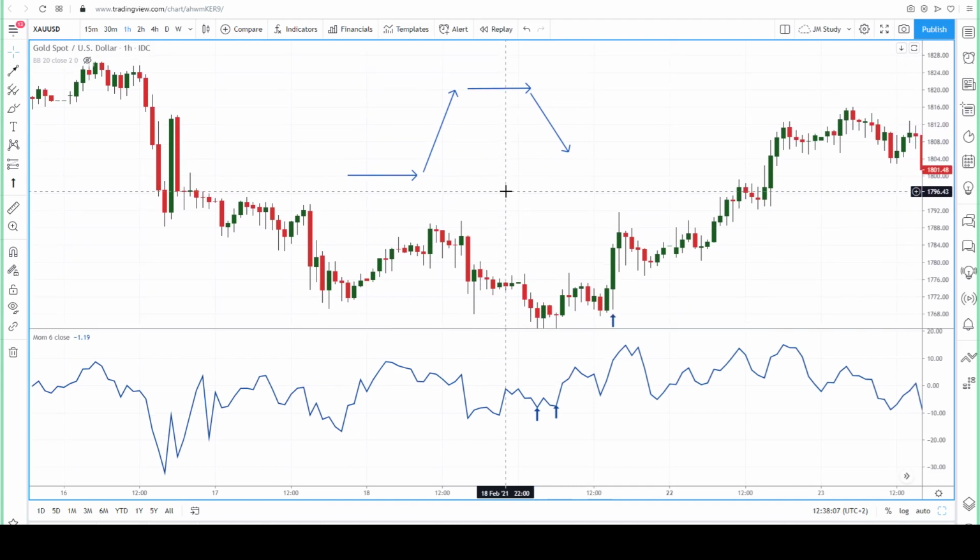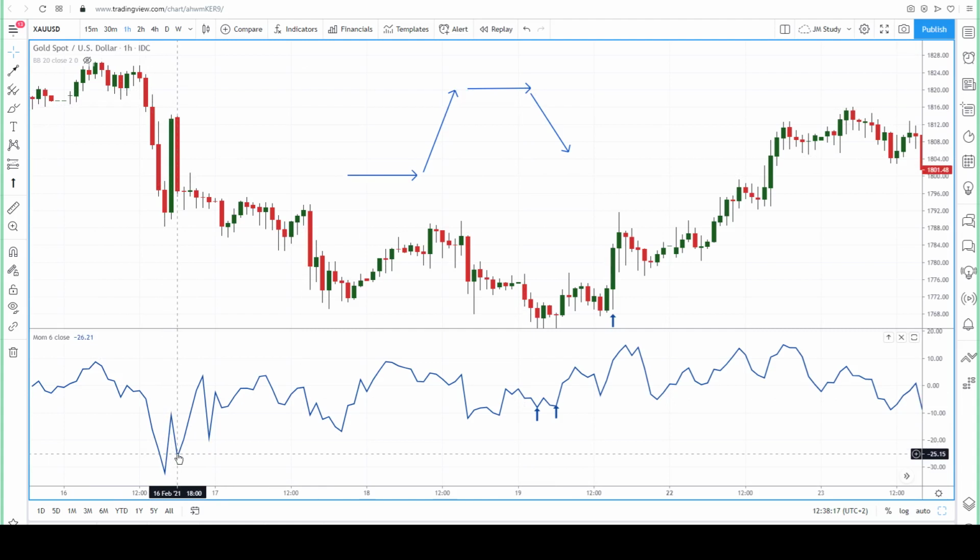So if the market has just moved out of this phase, broken supports like here, and you get signals in the momentum indicator, it doesn't make sense to believe that this one spike here is going to be meaningful, or this one here. You need to give the market time to move lower and then start to look for buying opportunities.